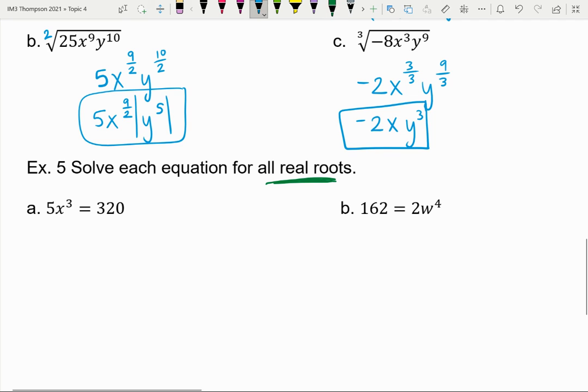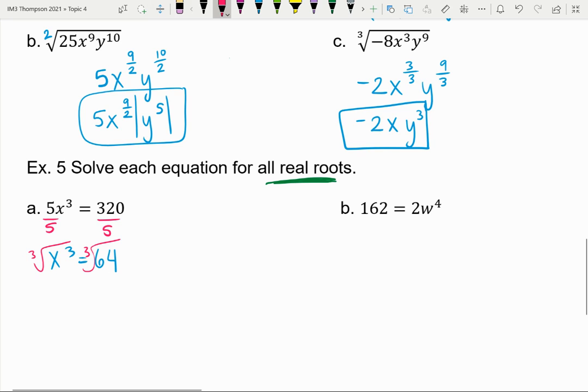So I solve. All right. Step 1, isolate whatever's to the exponent. So I'm going to divide both sides by 5. That leaves me with x cubed is equal to 320 divided by 5, which is 64. To get x by itself, I take the cubed root of both sides.